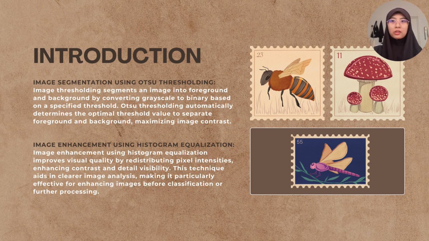Otsu thresholding automatically determines the optimal threshold value to separate foreground and background, maximizing image contrast. Meanwhile, image enhancement using histogram equalization improves visual quality by redistributing pixel intensity, enhancing contrast and detail visibility. This technique aids in clearer image analysis, making it particularly effective for enhancing images before classification or further processing.